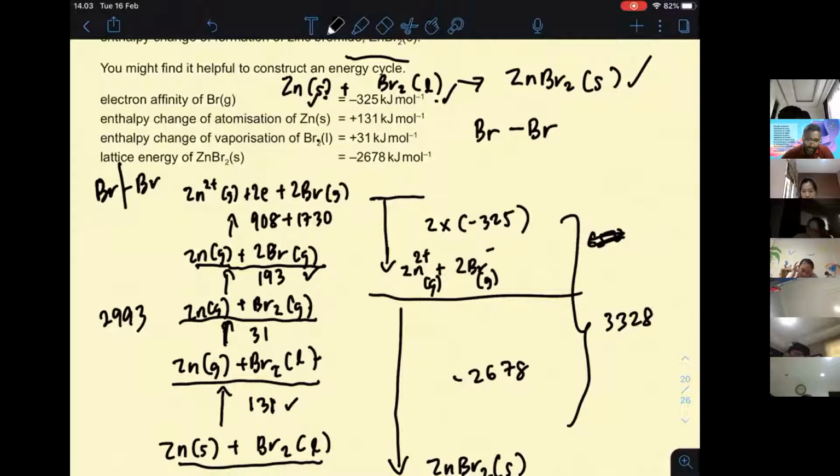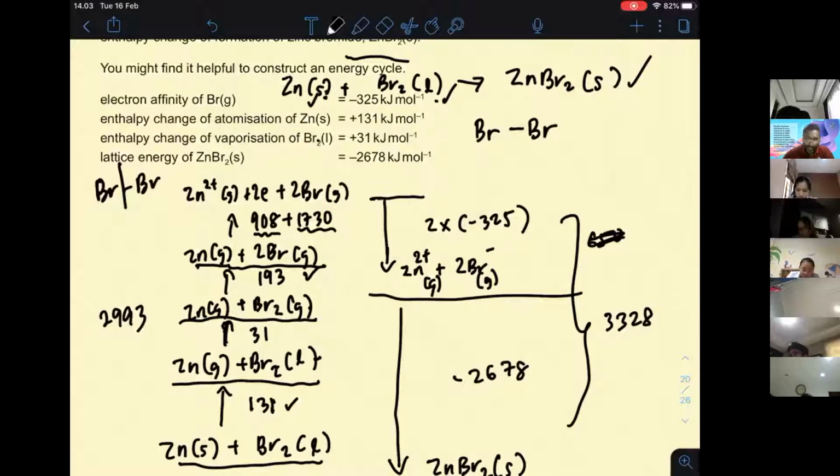After that, you need to change into zinc 2 plus. How do I have zinc 2 plus? You need the first ionization energy and the second ionization energy. This is the data I received from the data booklet: 908, and then the second ionization energy for zinc is going to be 1730.